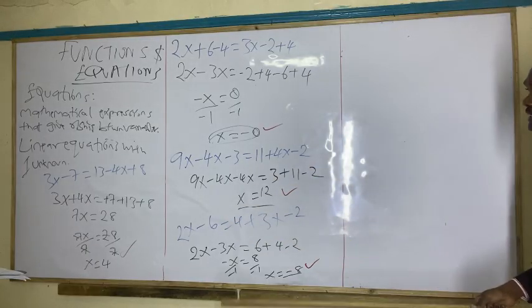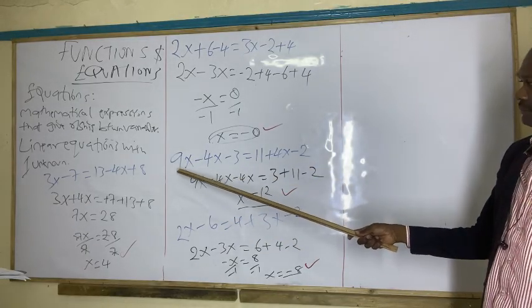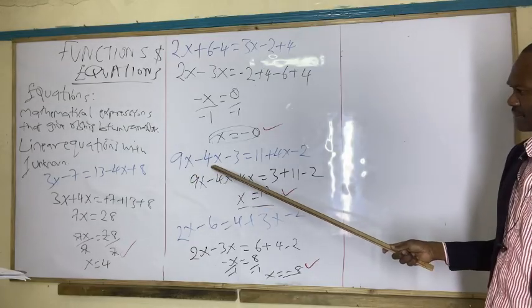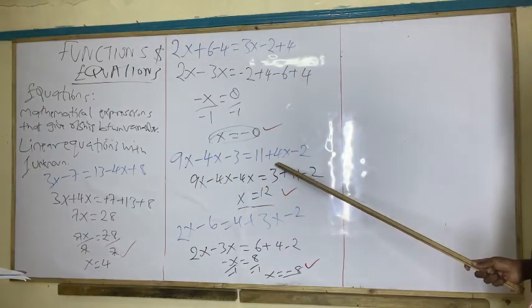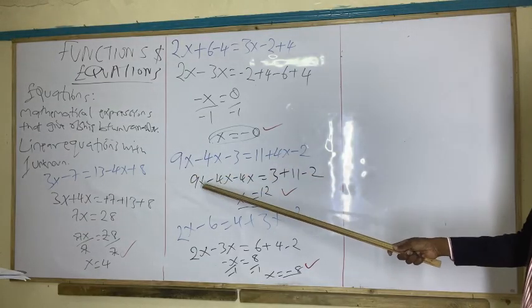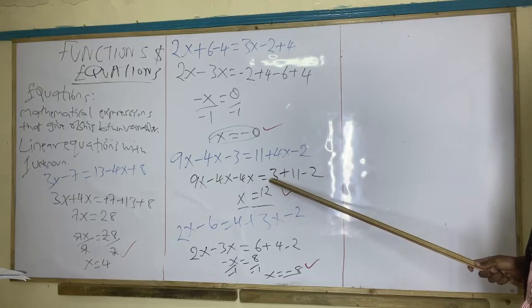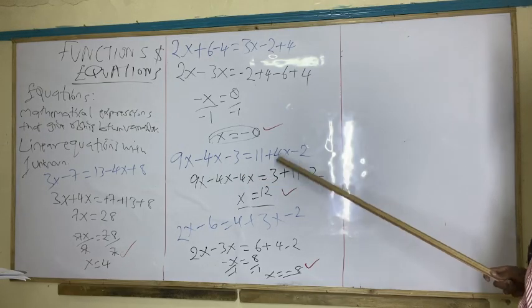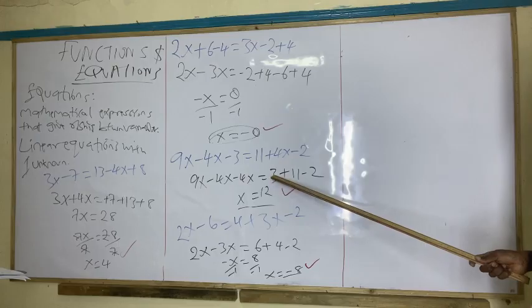In other words, what are we saying? We pick the like terms. 9x minus 4x, then we also read this 4x. We cross it over, it becomes a minus, minus 4x. So it's equals to 3. This 3 was on the other side. We crossed it over. It becomes a positive 3.